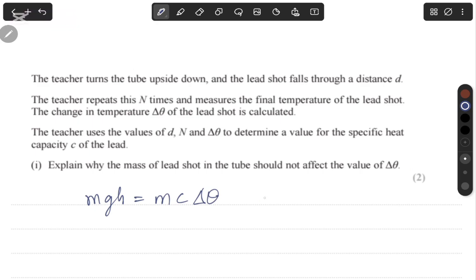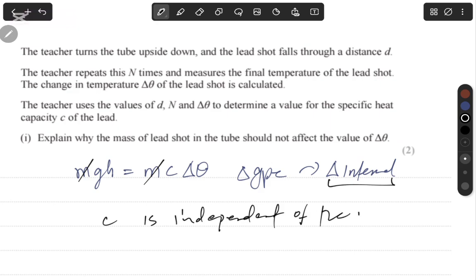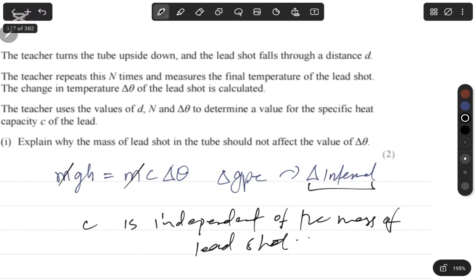Or the change in gravitational potential energy is going to equal the change in internal energy of the lead shot. Okay, and this actually causes the temperature change. So the m's will cancel out. So you can say that c is independent of the mass of lead shot. Okay, so it required a little bit of context. This was a bit of a tricky question.